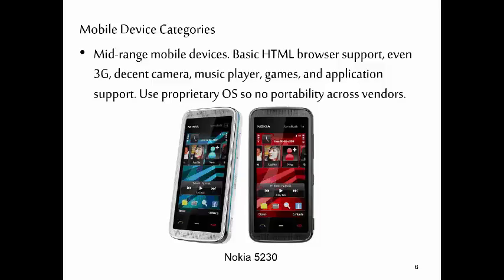These have other features like a camera, music player, and so on. Unfortunately, they use a proprietary operating system, and there is no portability across vendors. Their browser is still very simple compared to modern browsers, so we won't try to cover compatibility for these devices either.